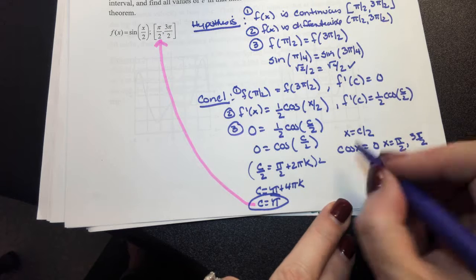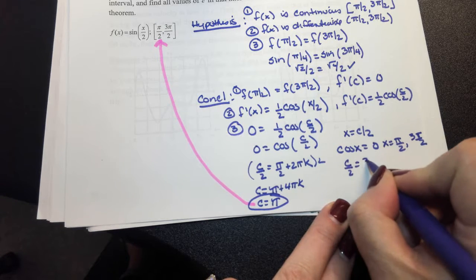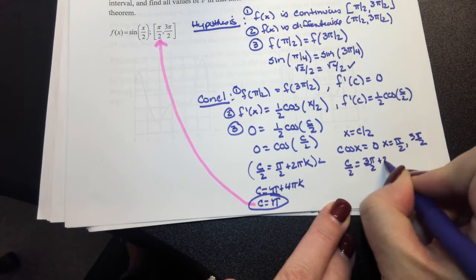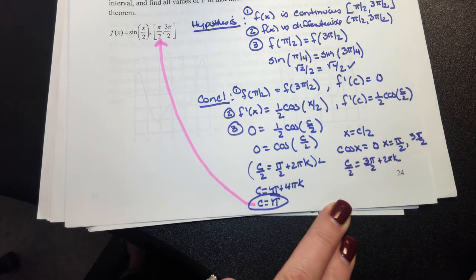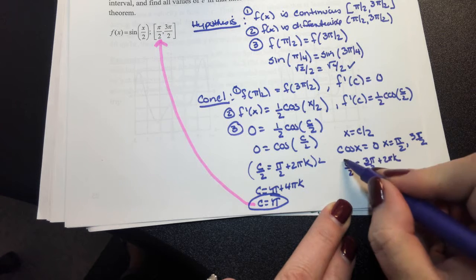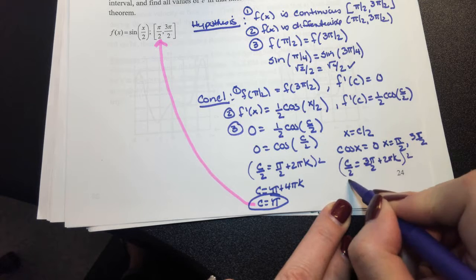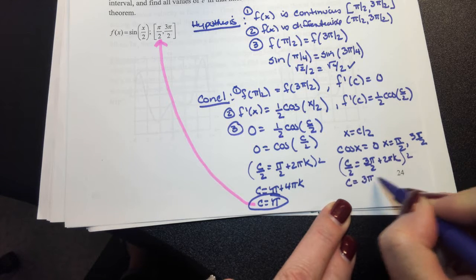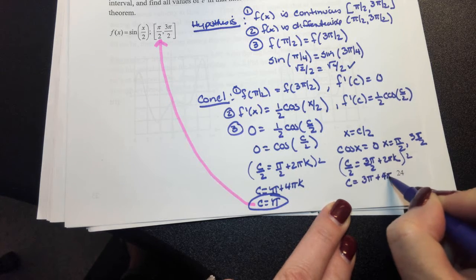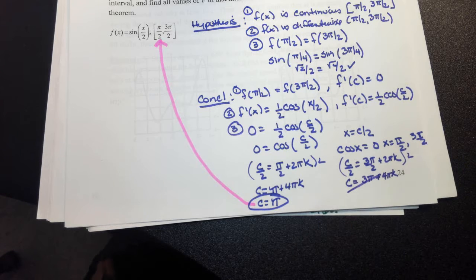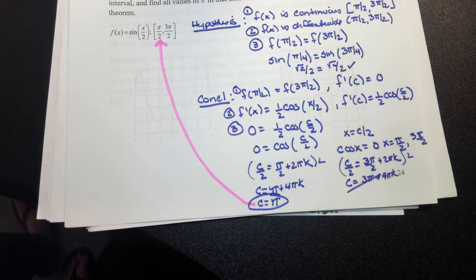So you have to take your c over 2, set it equal to 3 pi over 2 plus 2 pi k. But as you can see, if you solve for c here and you multiply by 2, c is equal to 3 pi plus 4 pi k. And we know that 3 pi is not going to be between pi over 2 and 3 pi over 2. So you only have one location where you're going to have a horizontal tangent line, and that's at c is equal to pi or x is equal to pi.